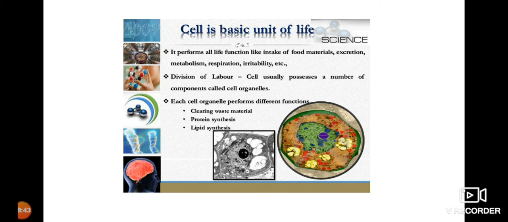A normal living organism is made up of cells, without which it cannot build its individual body. On the other hand, whatever functions a living organism does, all the functions are carried out by that individual cell only. Hence, cell is known as a structural and functional unit of life.